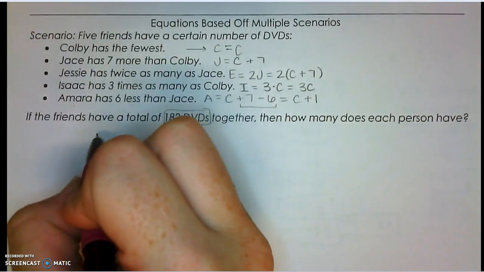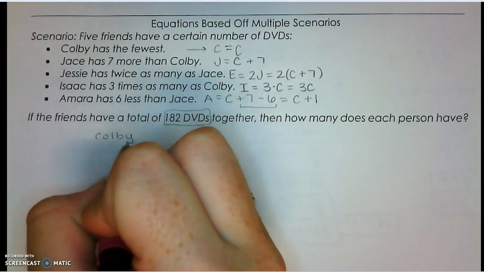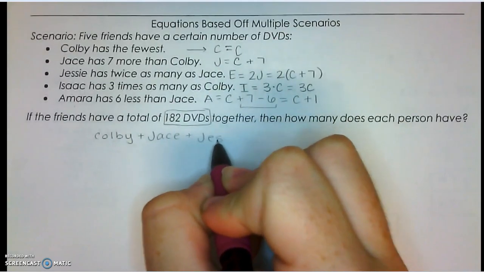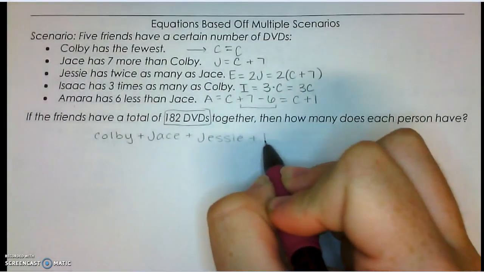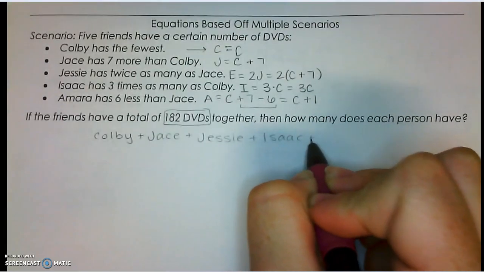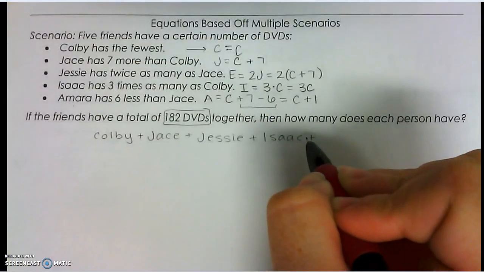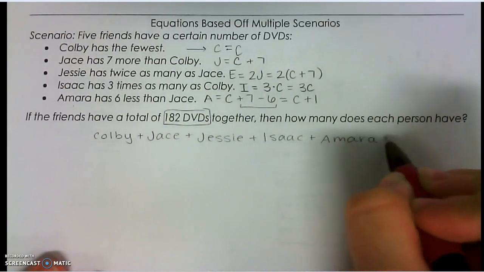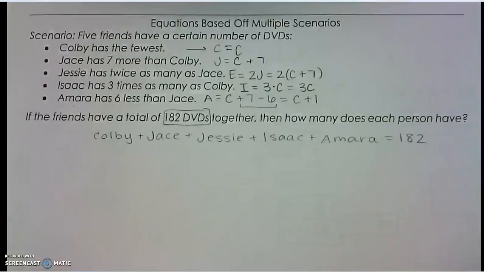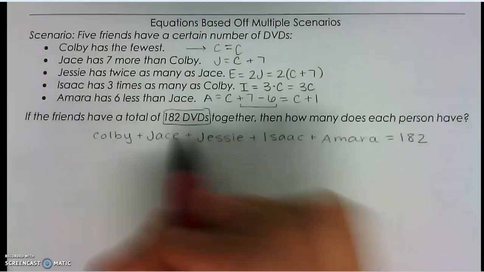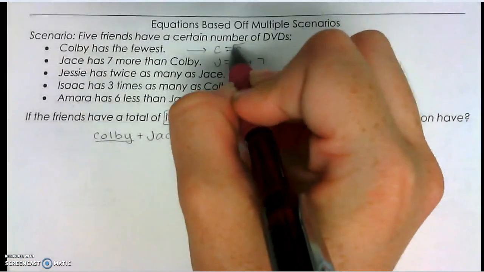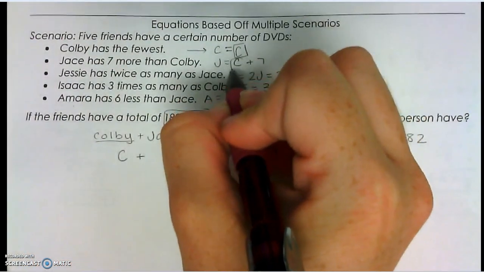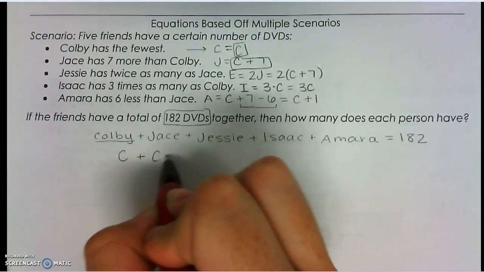So I've got my 5 people. We're going to take Colby, and we're going to add Jace, and Jesse, and Isaac, and Amara, and that is going to equal that 182 total DVDs. So Colby is represented by the letter C. Jace was Colby plus 7.